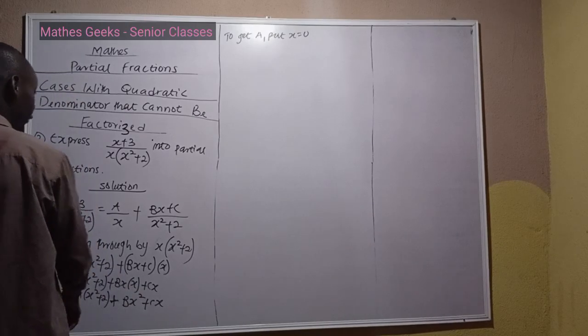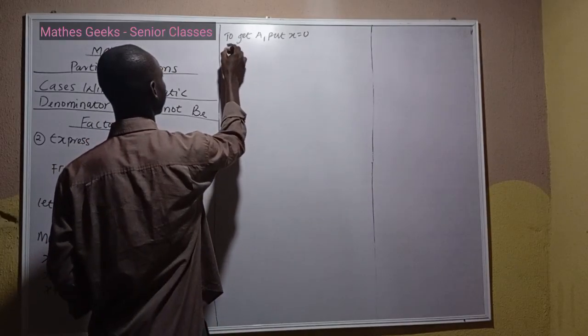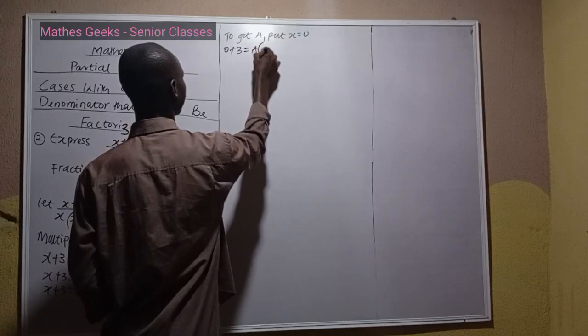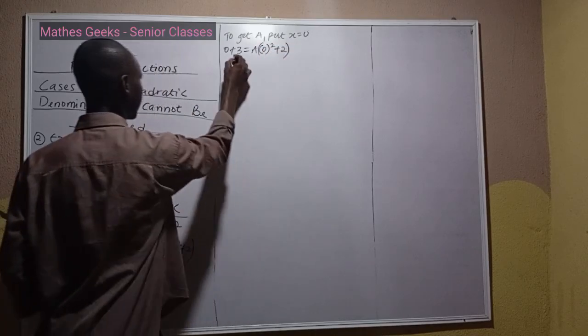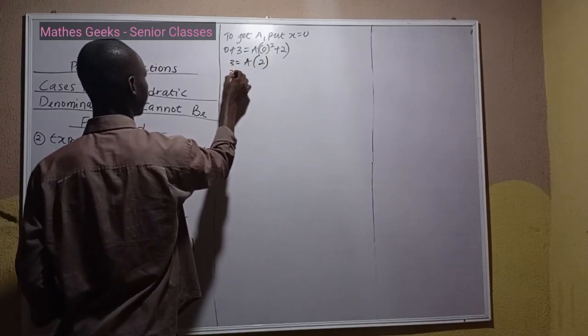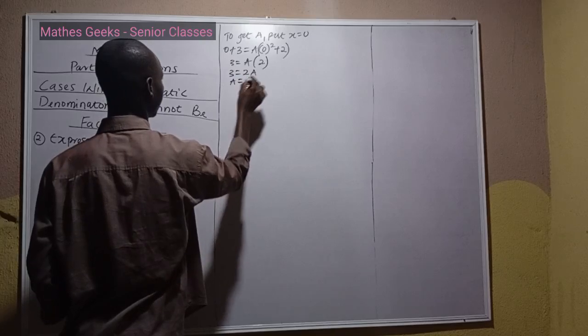So I'm going to have only e to solve for. So 0 plus 3 is equal to e over 0 squared plus 2, which is 3 equals e over 2. So 3 is equal to 2e and e is equal to 3 over 2.